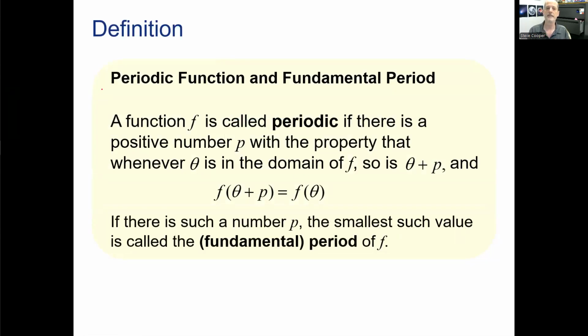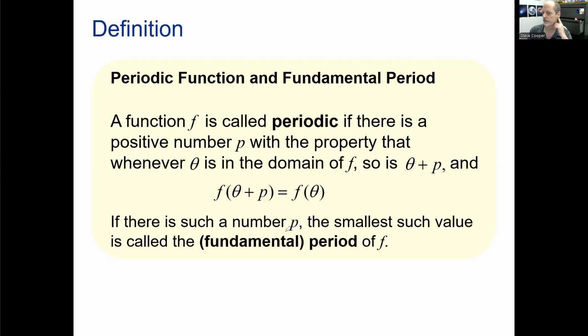The name we give that kind of a function is periodic if it keeps coming back to the same place. So in general, we're going to say it's periodic if we've got some number p such that whenever theta is in the domain of f, so is theta plus p, and we can discover that f of theta plus p is the same as f of theta for that function.